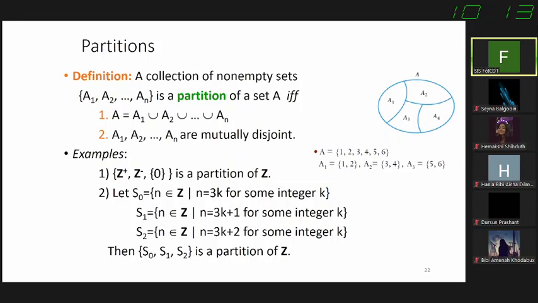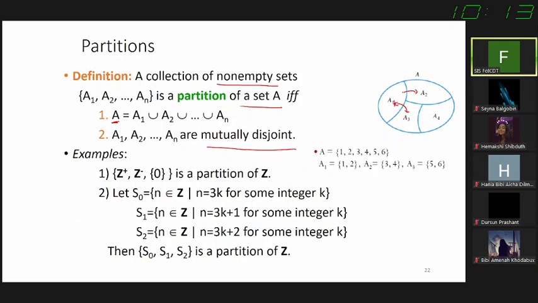Partitions, a collection of non-empty sets, very important. These are partitions, non-empty sets. So if in a set you have A1, A2, A3, it is a partition of set A if and only if the union of all these subsets will be A, and A1, A2, A3 are mutually disjoint. There is nothing in common between those sets, right?